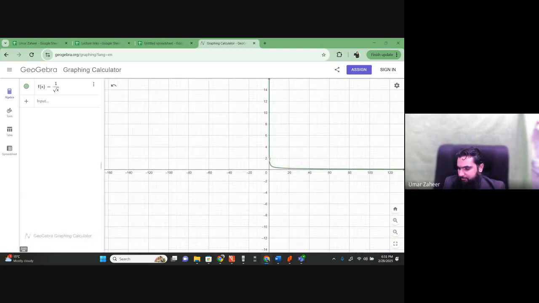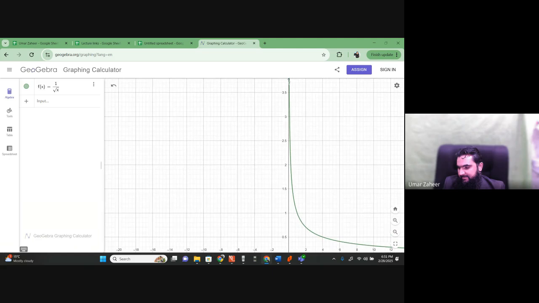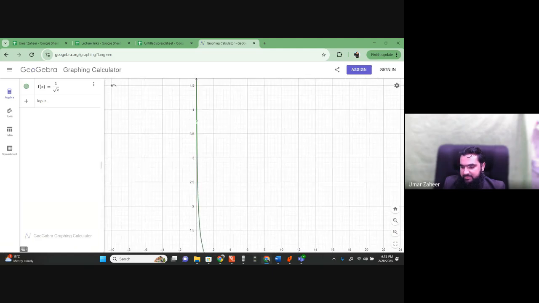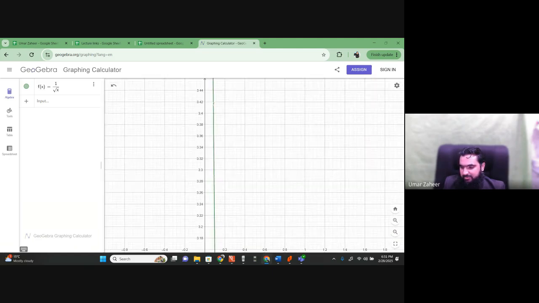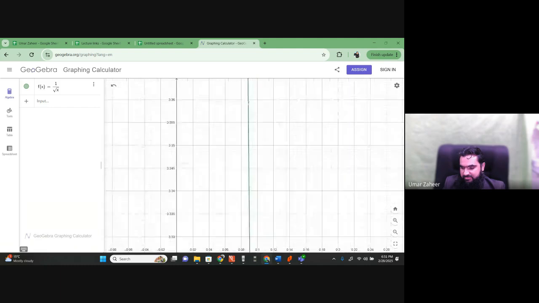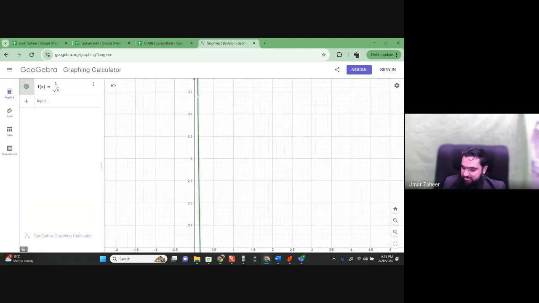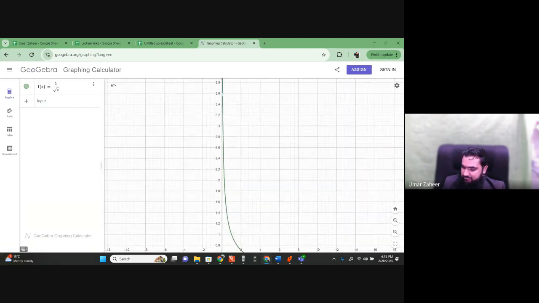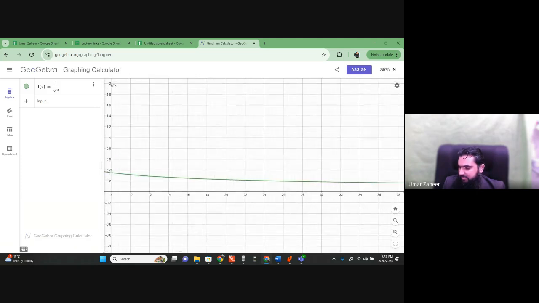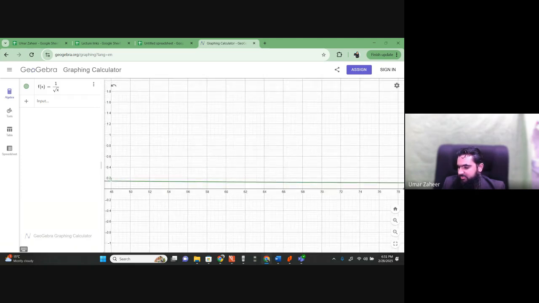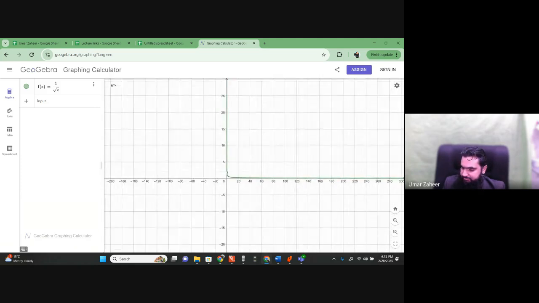Yeah, look at here. This is the graph. It's going to make an asymptote, okay? It's not going to touch the y-axis. In the same way, it's not going to touch the x-axis as well. Just closer and closer, but it will never touch it.